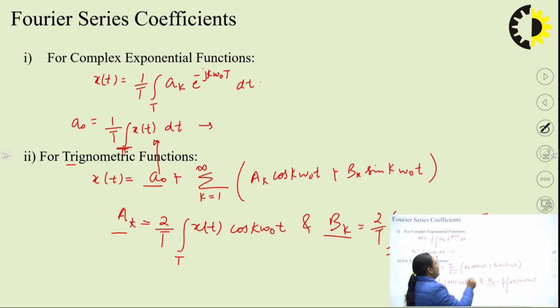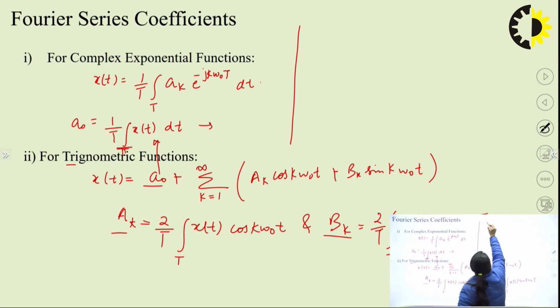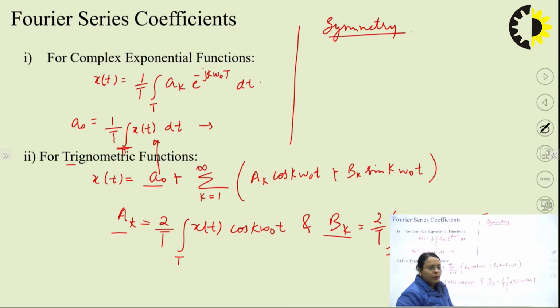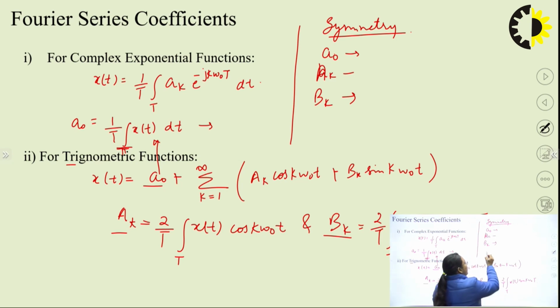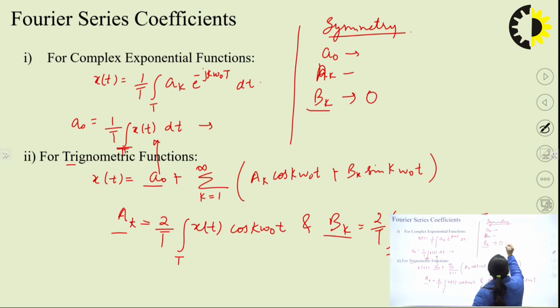So if we talk about symmetry in terms of Fourier series, there is one concept of symmetry in the Fourier series. Symmetry means that for the coefficients a naught, ak and bk, if a signal is even, then the coefficient bk will be equal to 0.